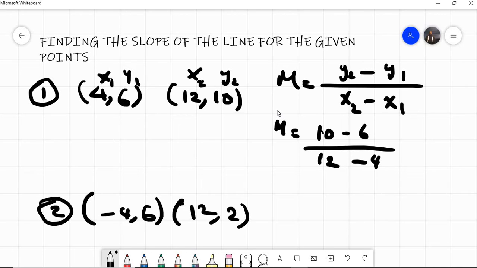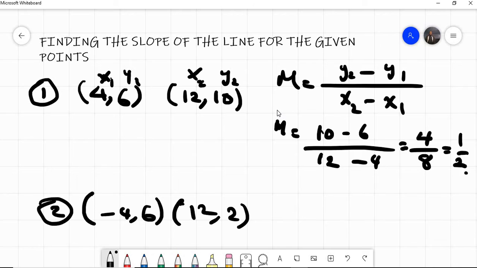Even if you want, you could write this one as x1, y1 and go backwards, and we're gonna get the same slope anyway. So when we subtract, 10 minus 6 is 4, and 12 minus 4 is 8, and then we divide. We know 4 is half of 8, so we divide by 4, and this is going to be 1 over 2.